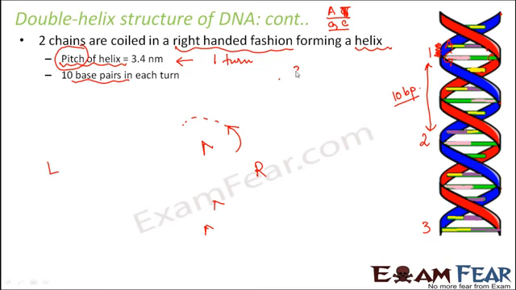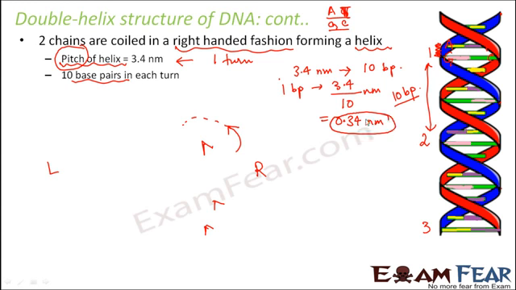Okay, so 3.4 nanometer is the distance which is occupied by 10 base pairs. Right? So 10 base pairs occupy 3.4 nanometers of distance. So one base pair will occupy 3.4 divided by 10 nanometer, which is equal to 0.34 nanometer. This would be the distance between two base pairs. So this distance is going to be 0.34 nanometers.